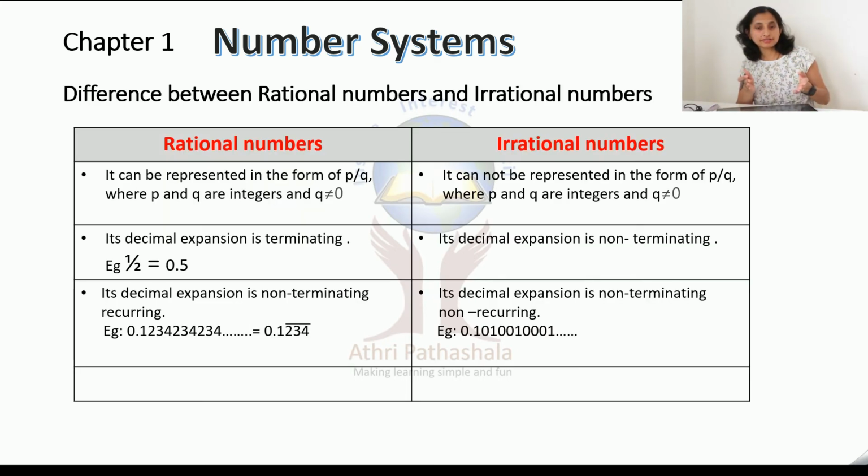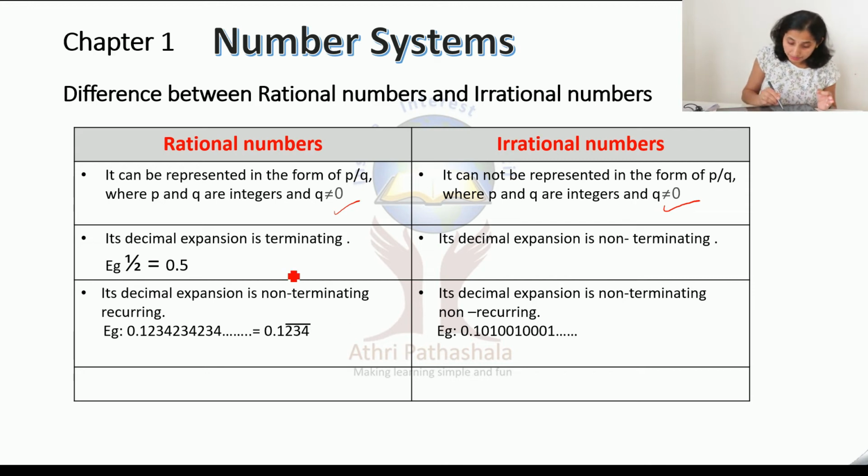So what is the difference between rational numbers and irrational numbers? The first main difference is that rational numbers can be expressed in the form of P by Q, where P and Q are integers and Q is not equal to 0. But irrational numbers cannot be represented in the form of P by Q, where P and Q are integers and Q is not equal to 0.